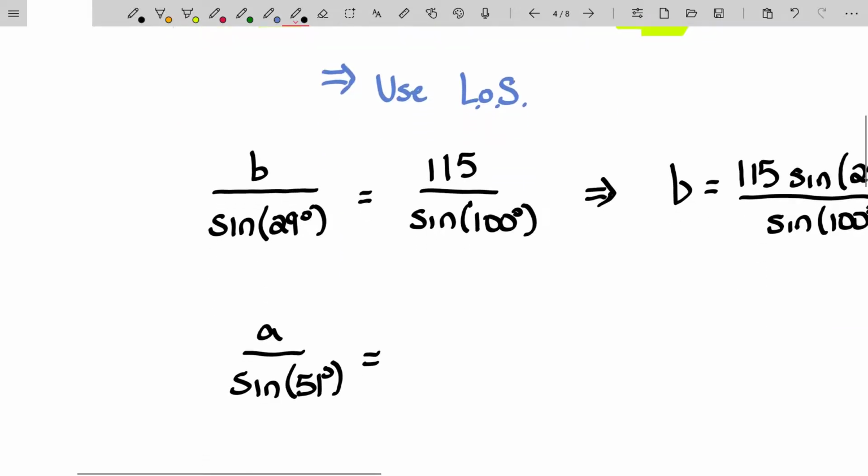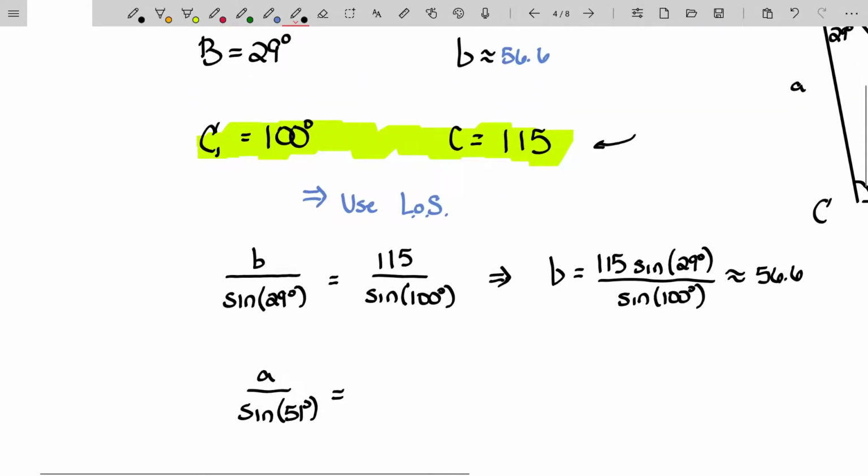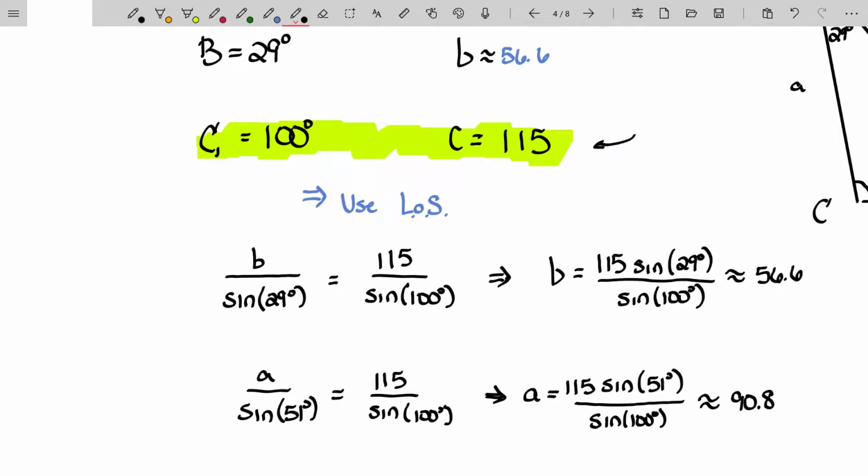Just continue using this highlighted piece. So we're going to say A is to the sine of A as C, which is 115, is to the sine of its opposite angle, 100 degrees. Thus, we get A equals 115 sine of 51 degrees divided by the sine of 100 degrees, which is approximately 90.8.